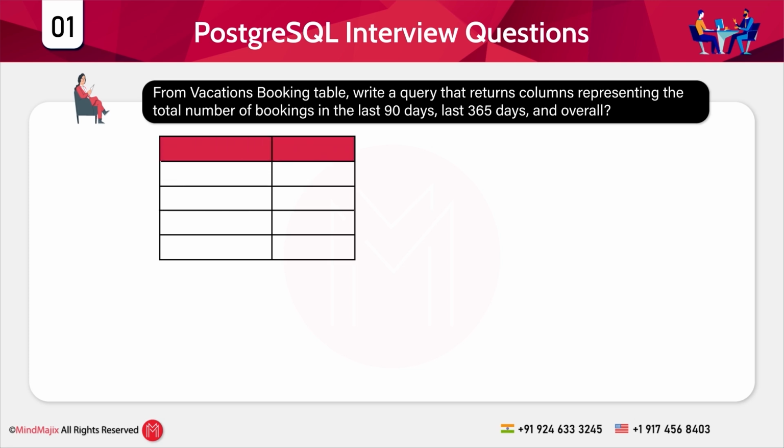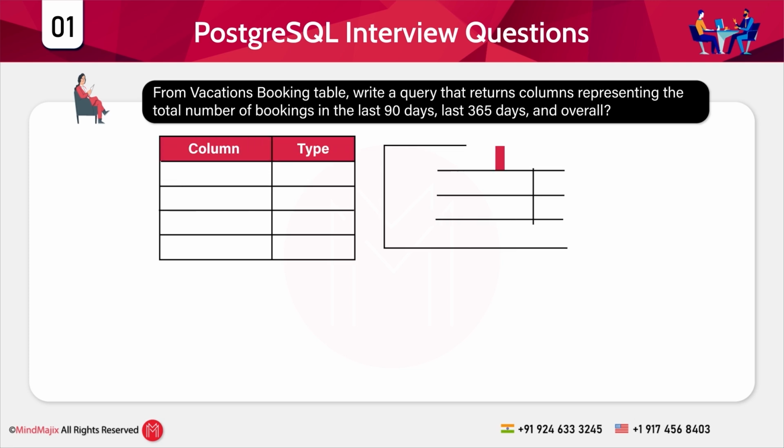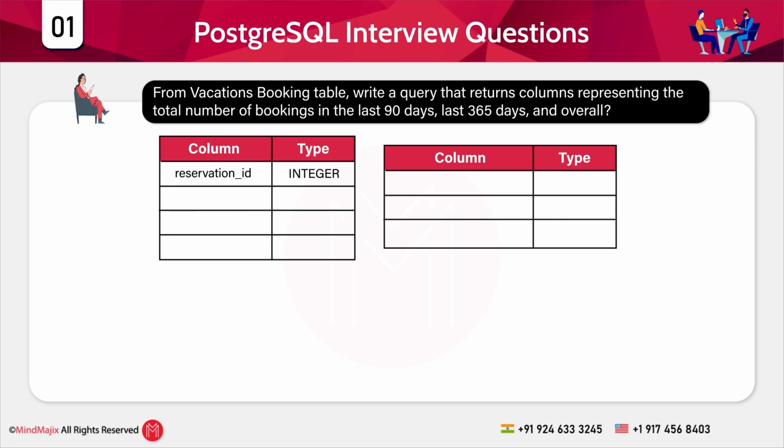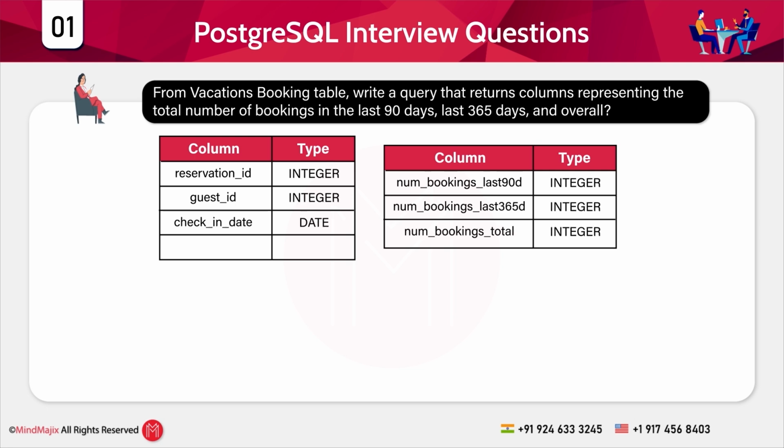As you can see on the screen, there are two tables over here. The one on the left-hand side is the input that we have, with the column names and data types. In this vacations booking table, we have reservation ID, guest ID, check-in date, and checkout date. These are the four columns provided as input.